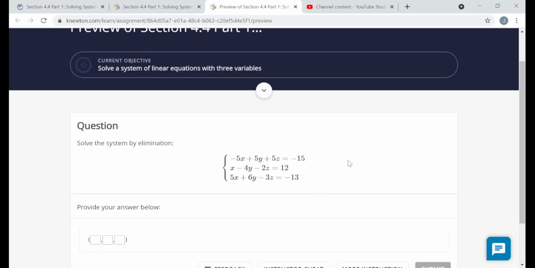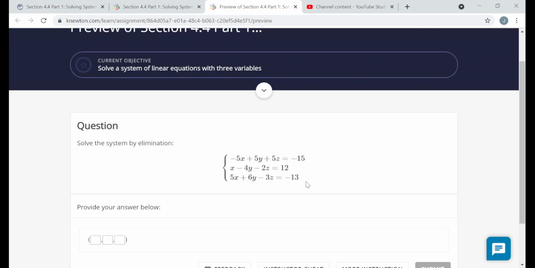All right, so this first question is on the objective: solve a system of linear equations with 3 variables. So in this section, we're going to be given systems of equations, right? 3 equations, and throughout these 3 equations, we'll see 3 variables appear, typically x, y, and z.